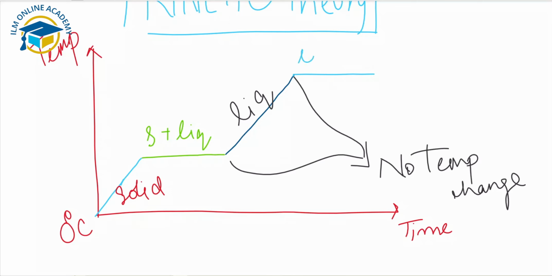So at this point we have the liquid plus the gas particles. Then evaporation will occur, and all the water will be converted into the steam or the gas phase, as shown here.